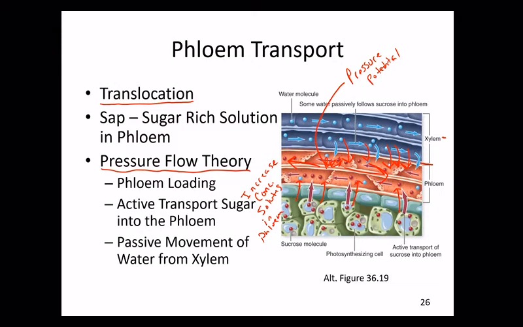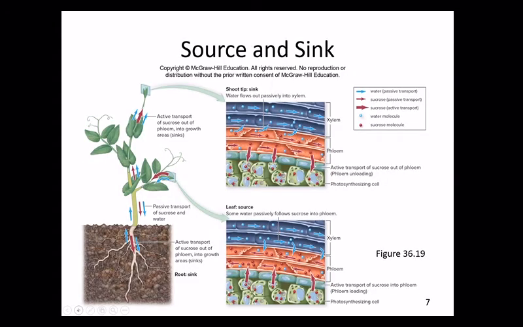So this gives you an example of how we can use water potential to understand a little better phloem movement or phloem loading. And the loading of the phloem is the active transport of the solutes, of the sugars in the phloem. Okay? So that gives you another way that we can look at the water potential and its relationship to movement in the phloem.